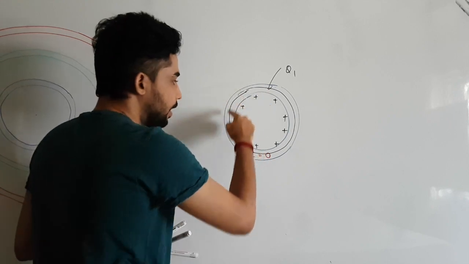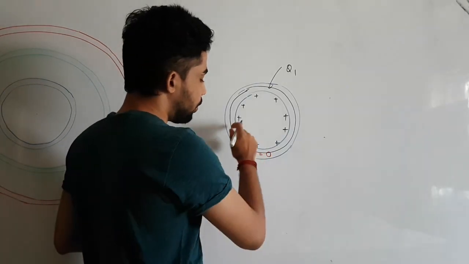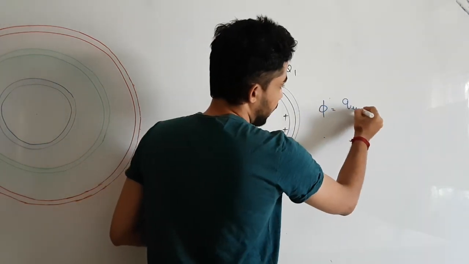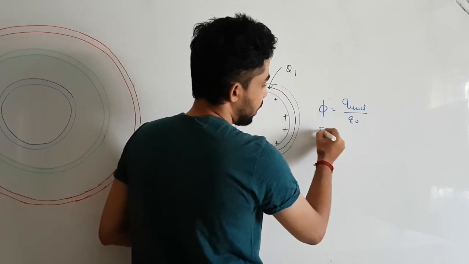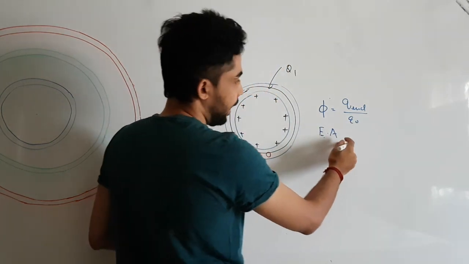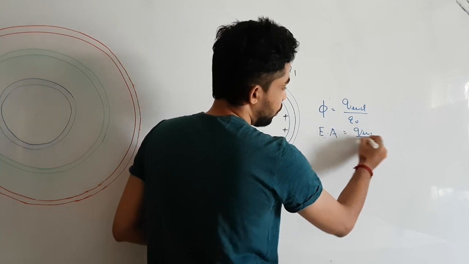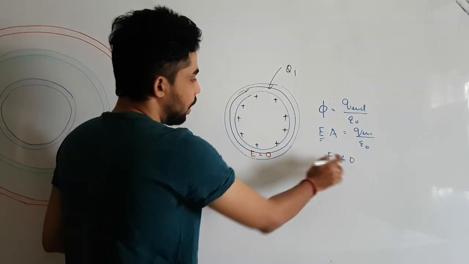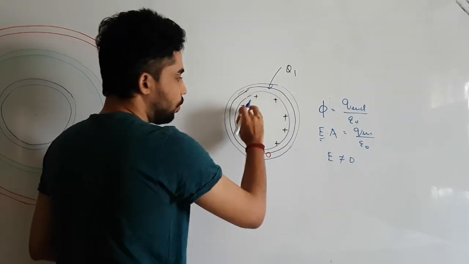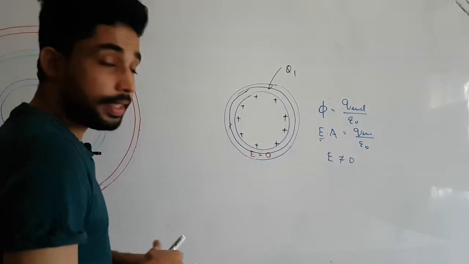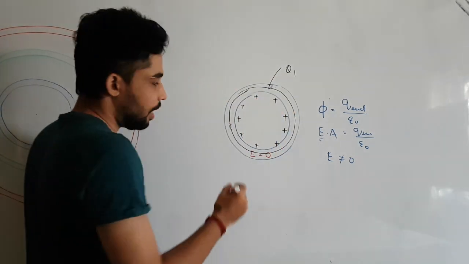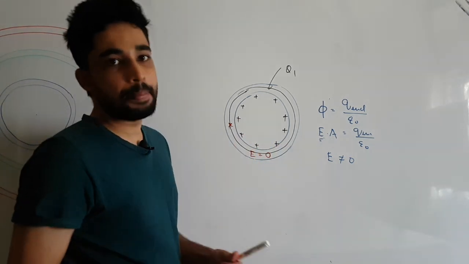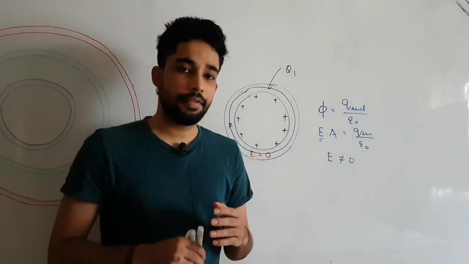If we apply Gauss's law, the flux, which is the electric field times the area, is equal to the charge enclosed divided by epsilon naught. So here you will get a non-zero value of electric field. Why? Because this Gaussian surface encloses the Q1 charge, which means at some point inside the conducting shell we would get an electric field, and as you know that cannot happen: inside the conductor the electric field should be zero.